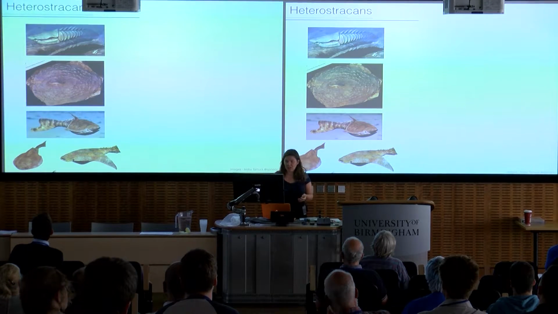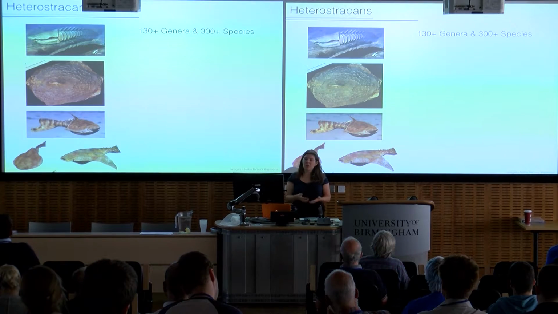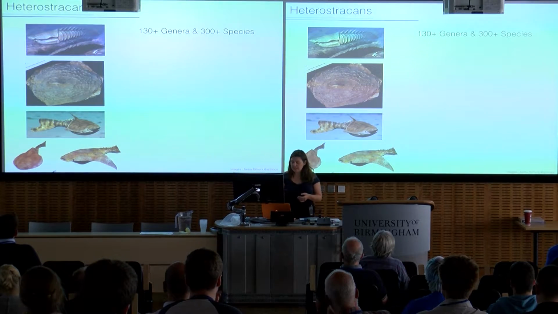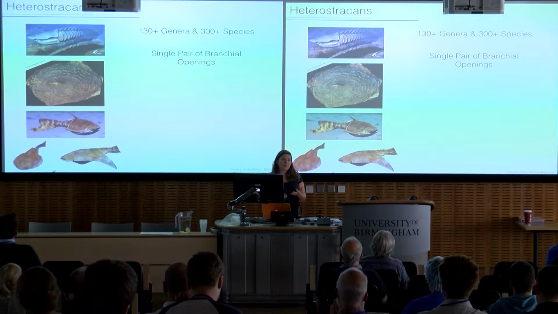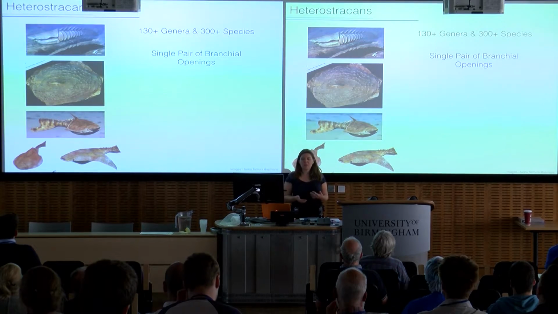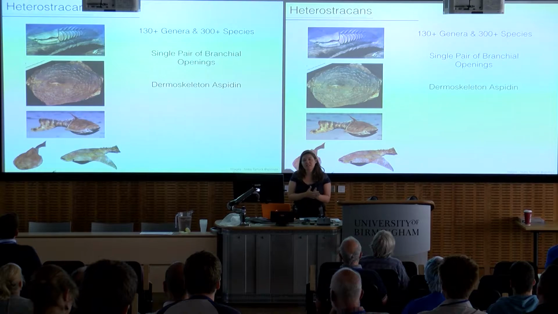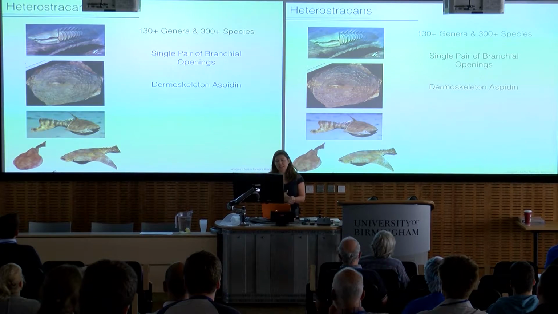Heterostracans are taxonomically the largest group of stem-jawed vertebrates, with over 130 genera and 300 species. A synapomorphy of the group is having a single pair of branchial openings, which is sometimes but not always covered by a branchial plate. They have a bony armour dermal skeleton covering their head shields, and this is composed of a type of acellular bone called aspidin.